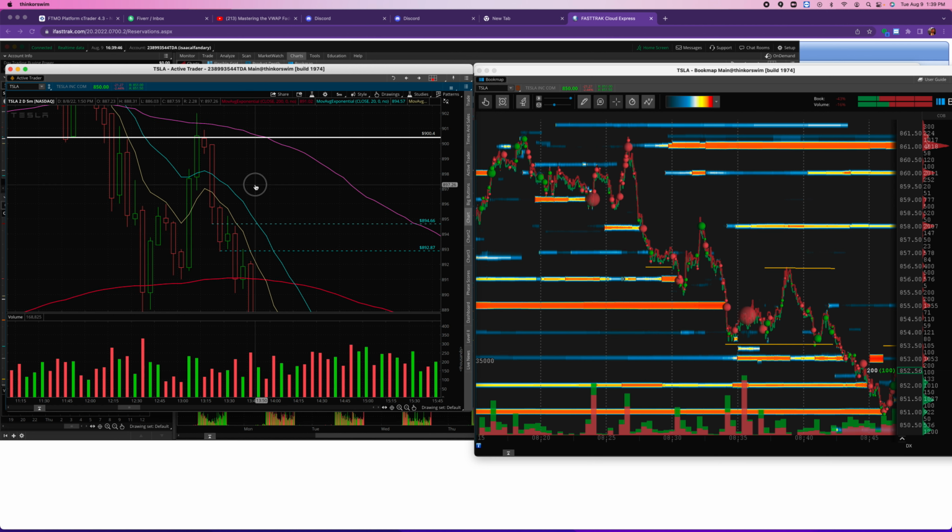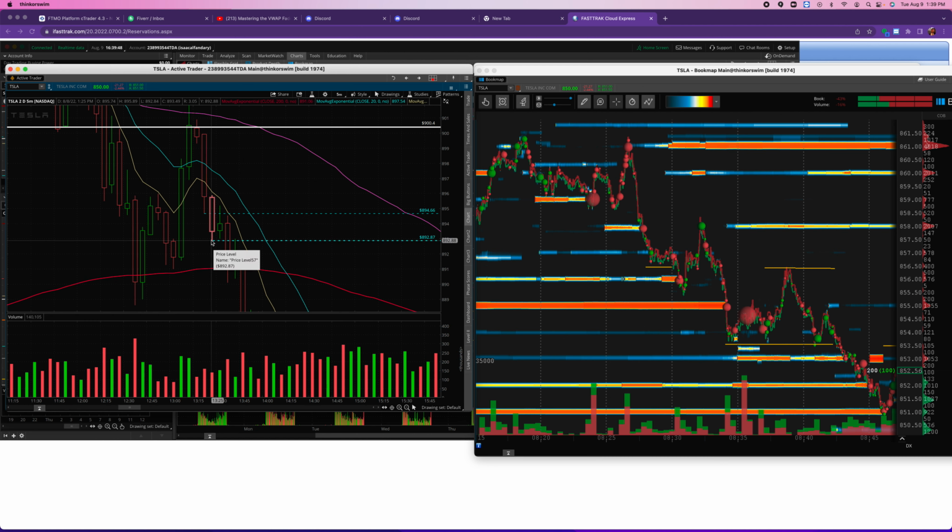And then we're also going to mark the next one, just in case we can't get an entry off the first one. These wicks down here are going to be the basis for our entry, which is going to happen 10 to 15 minutes after the wick is put in. In this case, the swing low was put in at 894.66 or thereabouts.